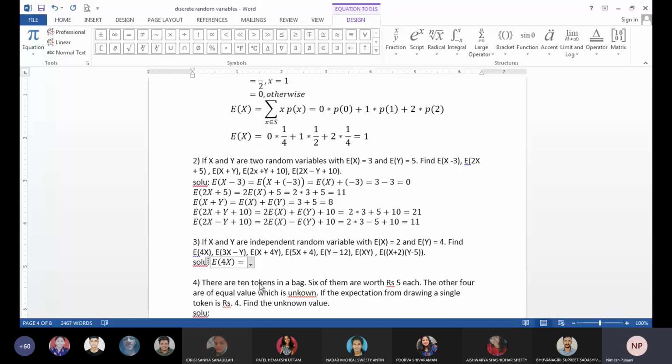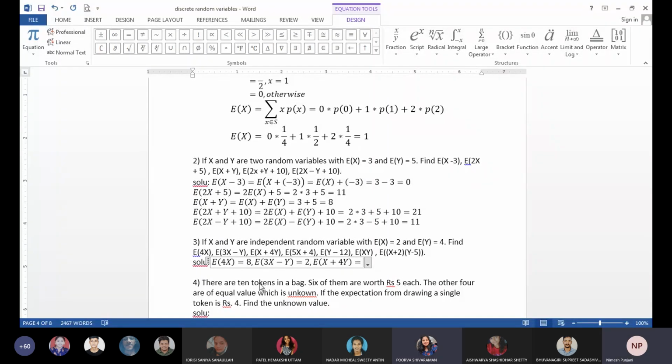Okay, fine. So what is the expected value of 4x? 8. Expected value of 3x minus y? 2. Now I'm not writing the explanation because you have already done it. I'm just writing the answer so you can cross check.